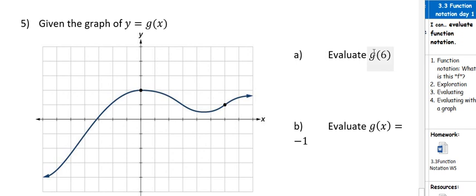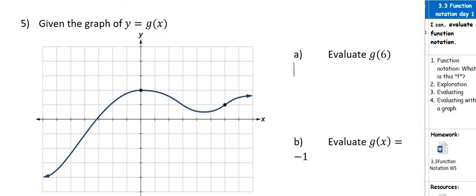First, it says evaluate g of 6. g of 6. So what was in the parentheses before? Oh, an x. So that means my x must be 6. So 1, 2, 3, 4, 5, 6. I find my function. Oh, negative 1. Okay.